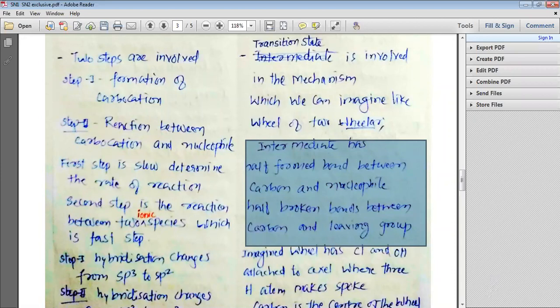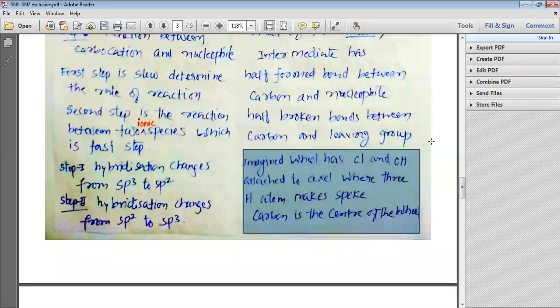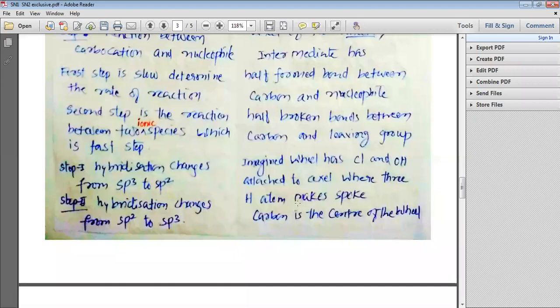Now, how do we imagine and understand the intermediate state? Imagine the intermediate state as a wheel, my dear students, where the axles are the Cl and OH bond, whereas the spokes are made up of the hydrogen atoms.